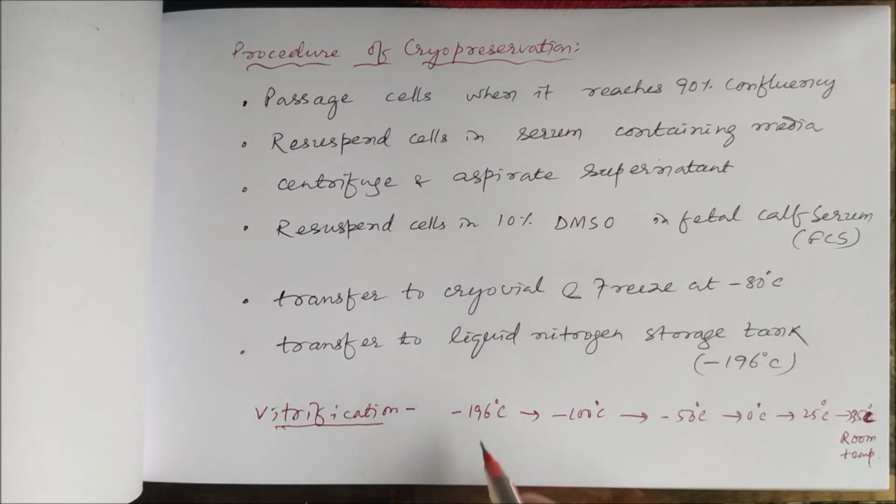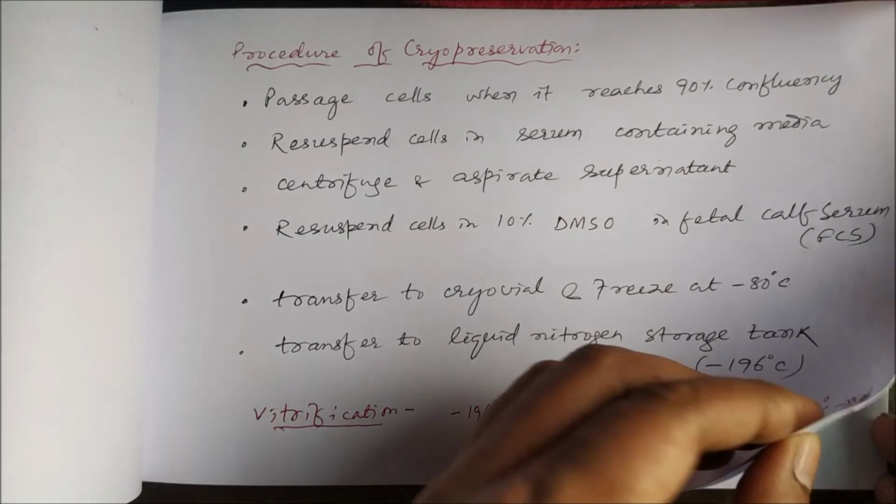We need to increase it step by step. So from minus 196 degrees Celsius we change it to minus 100, then minus 50, then 0, then 25, then 35 degrees Celsius. This is the process called vitrification.